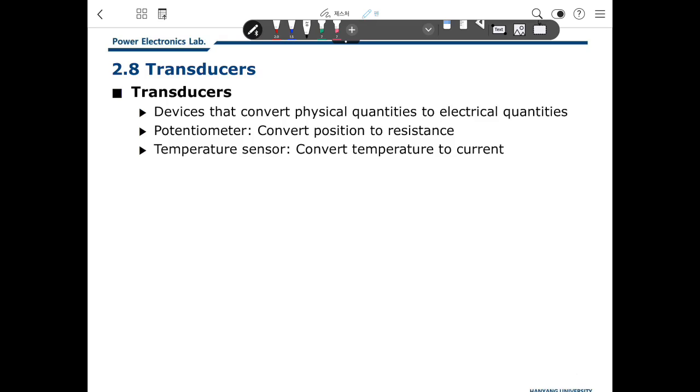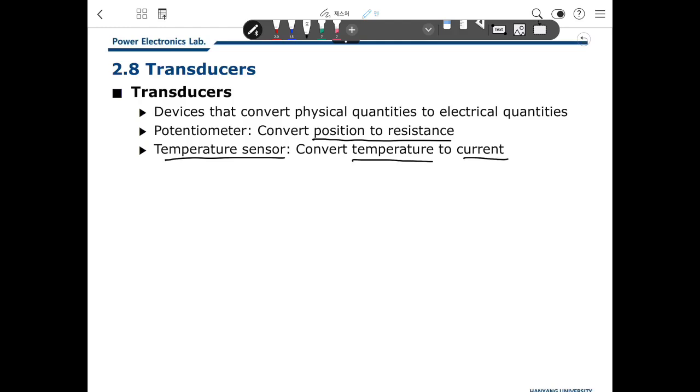Next is the transducer. A transducer is a physical converter. I mean it converts some physical quantities to electrical quantities. For example, a potentiometer converts a position into a resistor value, and a temperature sensor converts temperature values to current, or the temperature value gives a different resistor.